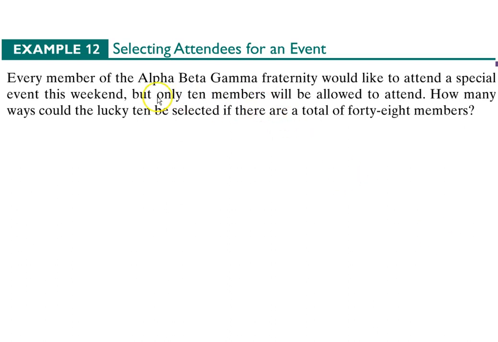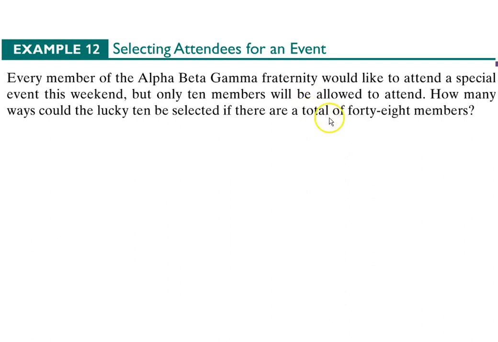All right, here we have Alpha Beta Gamma fraternity would like to attend a special event this weekend, but only 10 members will be allowed to attend. How many ways could the lucky 10 be selected? Now, is order important here?